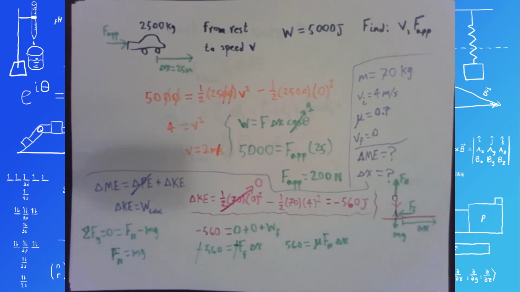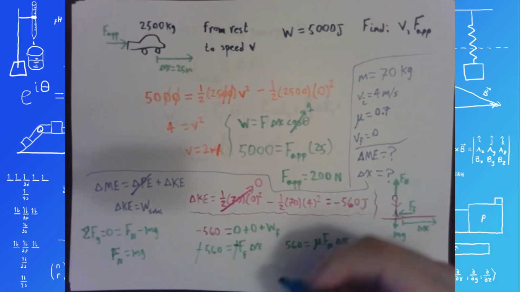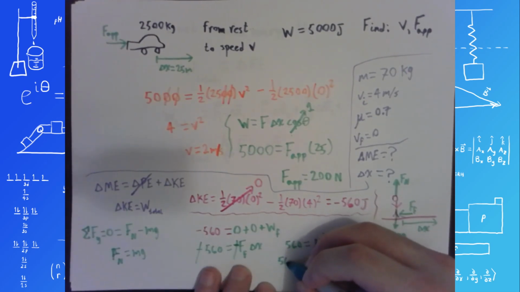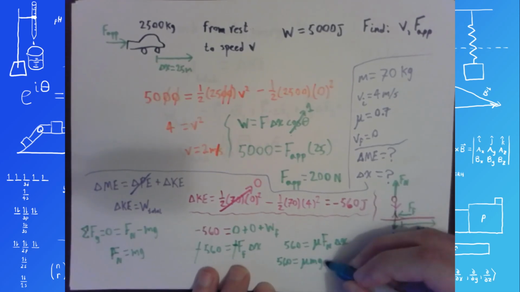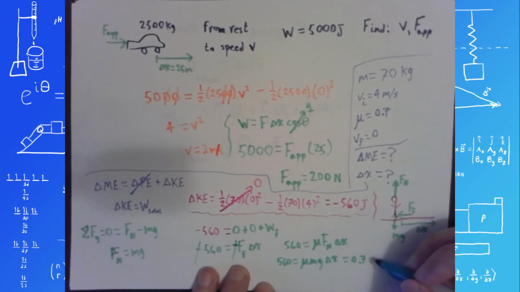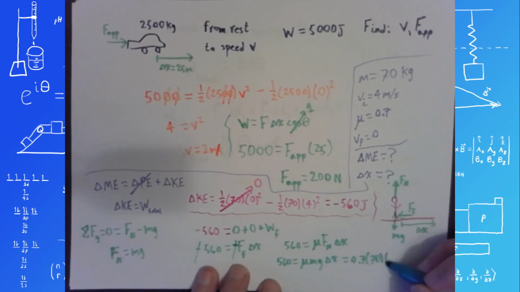Therefore, if you add mg to both sides, you get normal force is equal to mg in magnitude. So we can go ahead and substitute in mg over there. So 560 equals mu mg delta x, and if we plug in those numbers, 0.7 times 70 times 9.8, or 10 if you prefer.